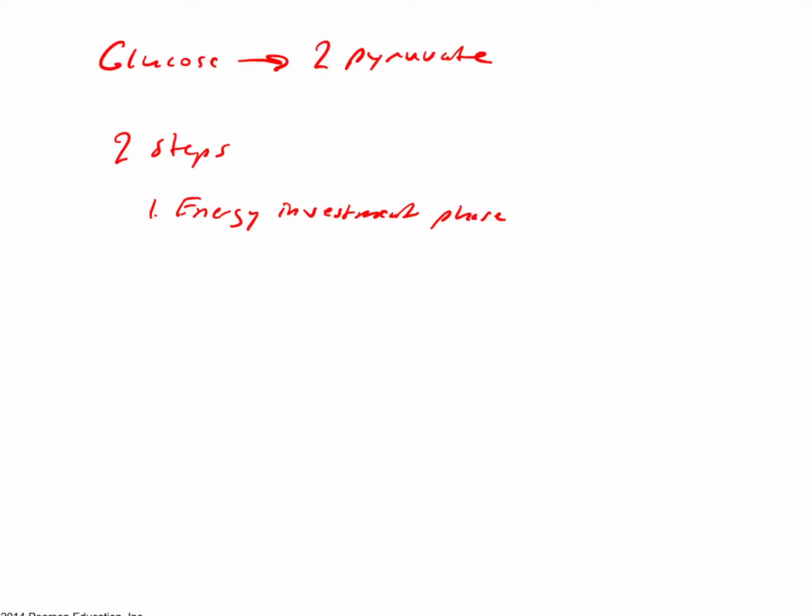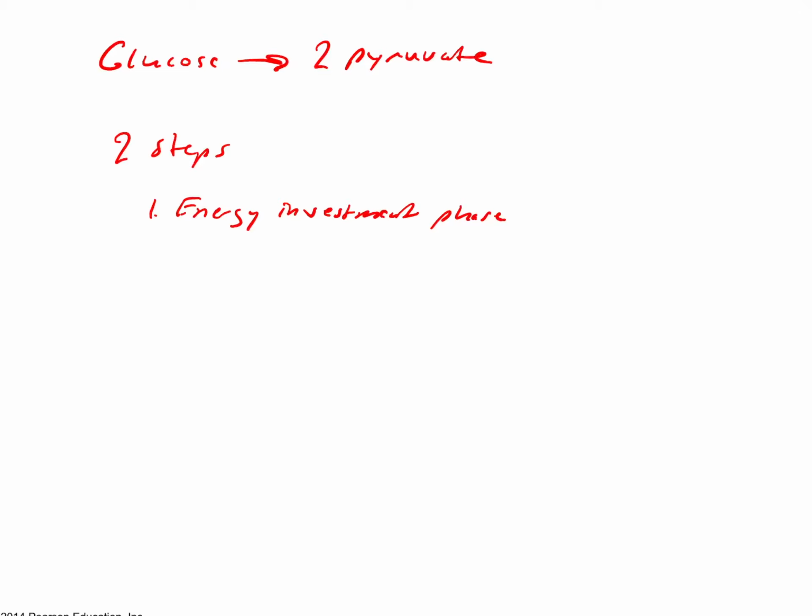Well, even a catabolic, spontaneous, exergonic process requires energy of activation to kickstart the process, okay? So this energy investment phase is where in glycolysis a small amount of energy is added to glucose to make it so unstable it then begins to break down.